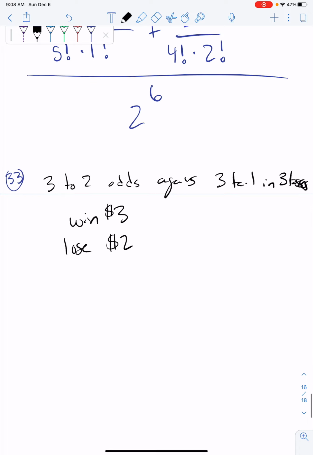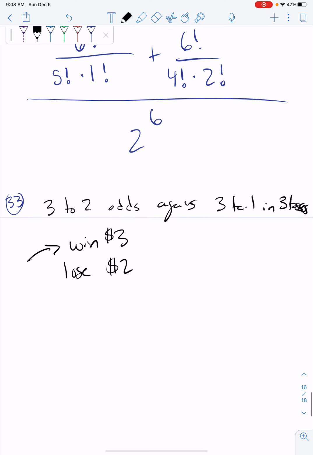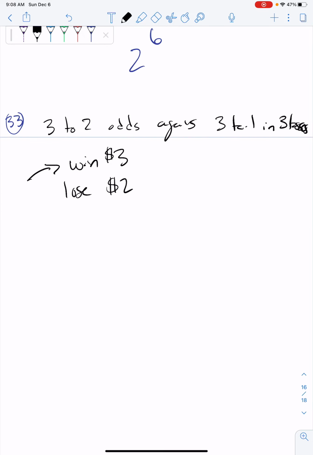So expected value, remember, you take the probability of something happening and you multiply it by the amount of money you win if it happens. So the probability of winning, of getting 3 tails in a row. Well, the probability to get 1 tails, you have a 50% chance. To get tails again, you have a 50% chance. To get tails again, you have a 50% chance.